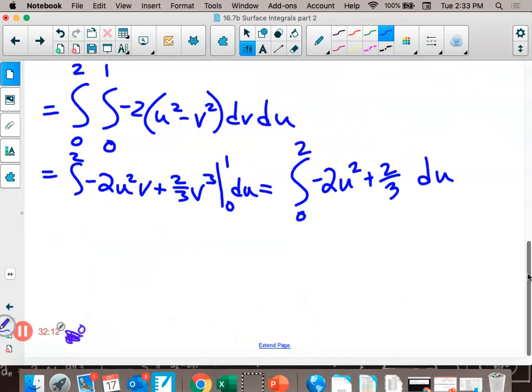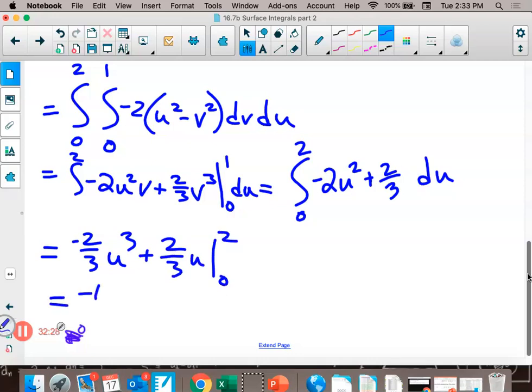Then negative 2/3 u cubed plus 2/3 u, 0 to 2. So negative 16 thirds plus 4 thirds. So I get negative 12 thirds or negative 4.